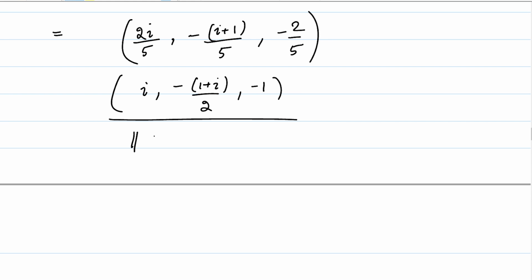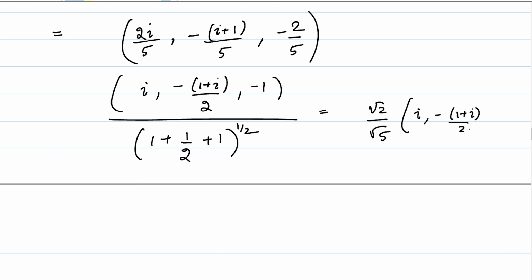This is just going to be equal to the square root of 1 plus... this is half plus 1/4 plus 1/4, is half plus 1, which incidentally turns out to be root 2 by root 5 times i, minus of (1+i)/2 and minus 1. So this is the orthonormal basis of our given vector. So I should have just left these calculations to you, but once in a while it's good to do the calculations in front and see how it's coming out. All right, so that is the basis of the orthogonal complement of our W.